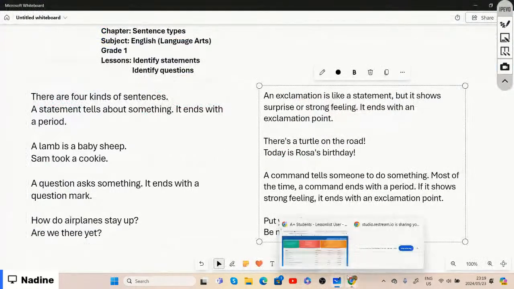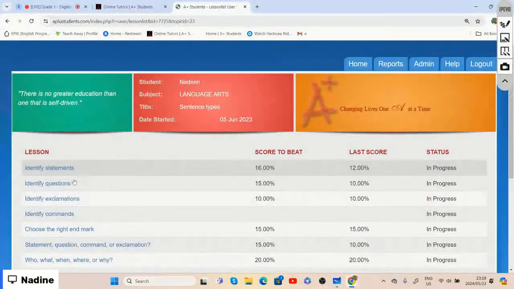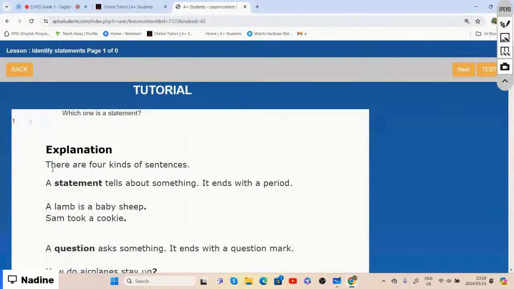So now we are here at aplusstudents.ca, and we're going on to the first lesson, which is to identify statements. Today we're going to be talking specifically about statements and questions.